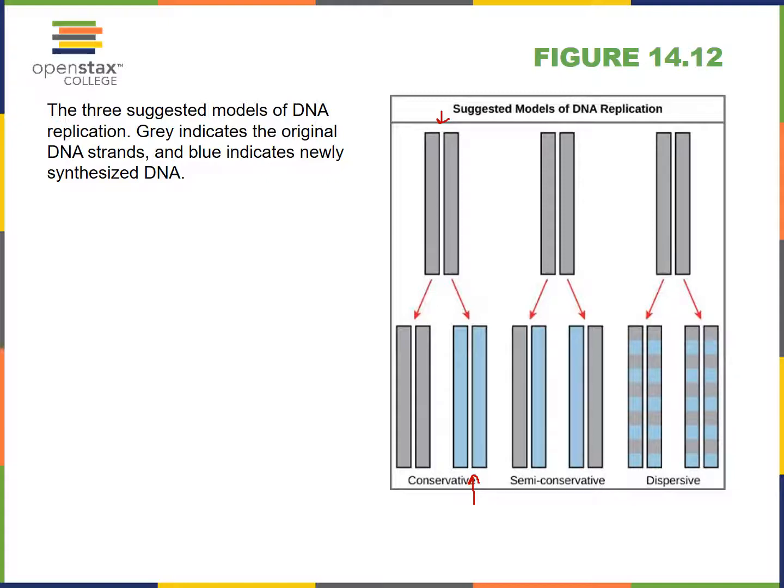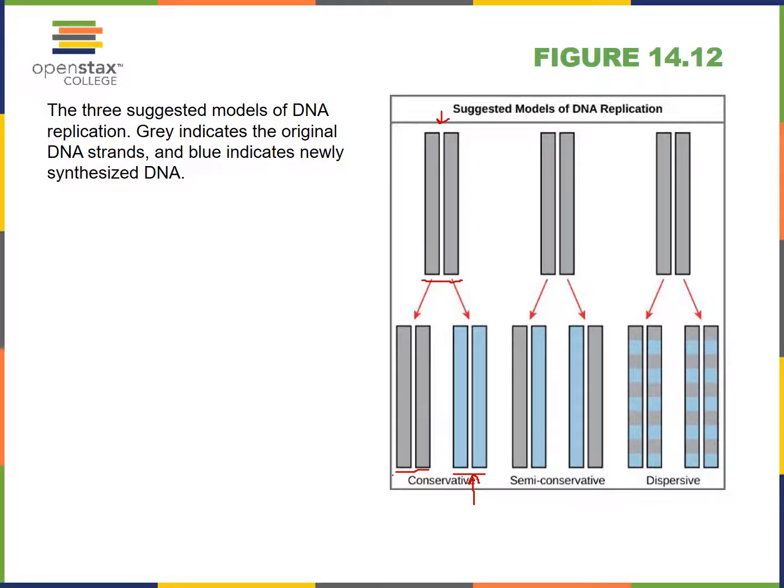So the conservative model, conserve means to keep, means that from one parental molecule of DNA, you would make 2 new DNA molecules. One would be completely old and one would be completely new.